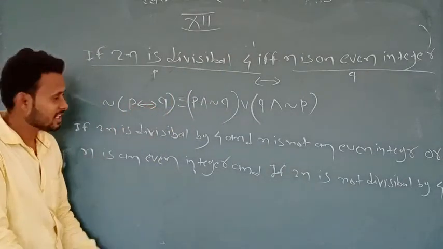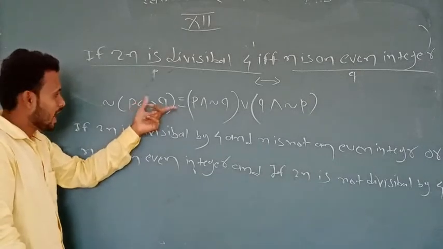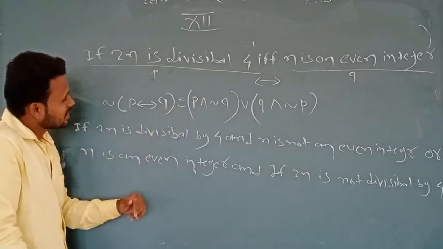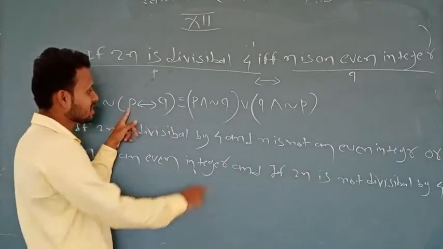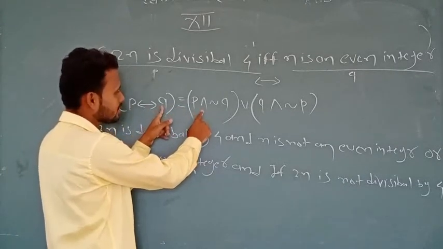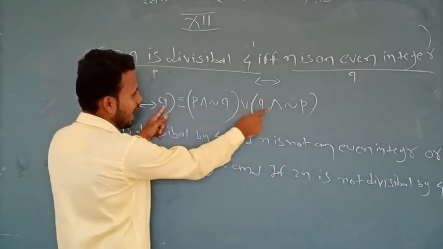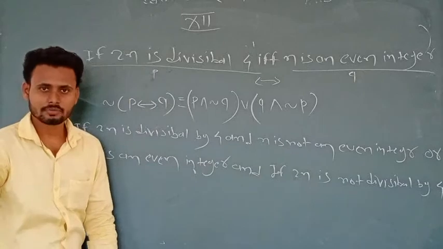And we have to find the negation of that biconditional statement. We know that the negation of a biconditional statement is equivalent to the first statement P as it is, and with the negation of the second statement Q, then or with the second statement Q as it is, and with the negation of the first statement.